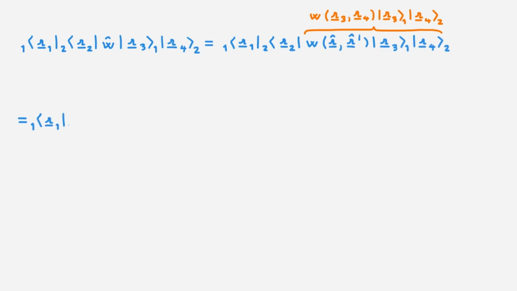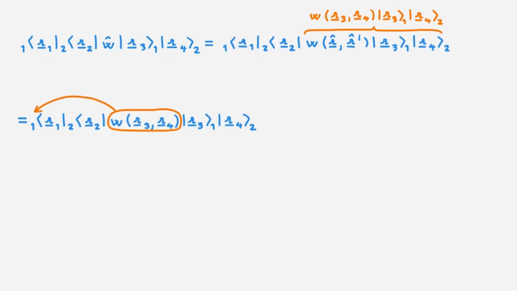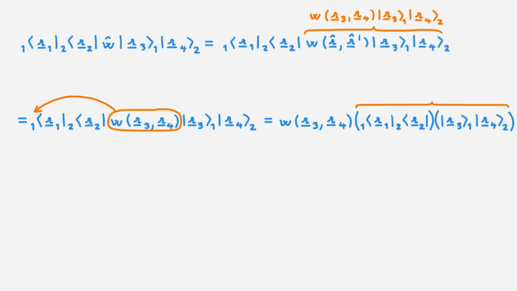Using this result, we end up with this expression for the matrix element. This is now just a scalar, so we can move it outside, and we end up with this new expression. This here is the scalar product between two tensor product states, and using the usual rules for tensor product states, it can be written as the scalar product of the states in space 1 multiplied by the product of the states in space 2.